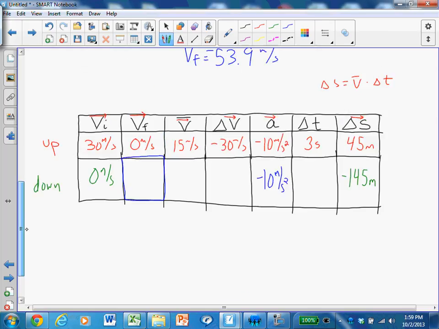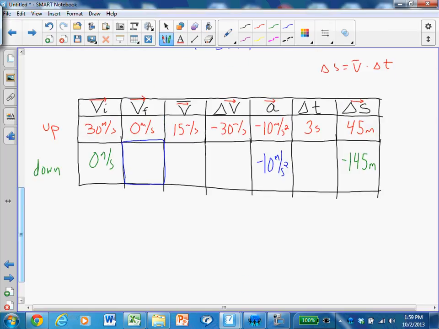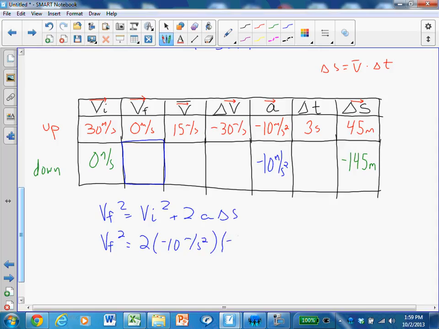Well, use this formula again. Oh, it's 2,900 again.